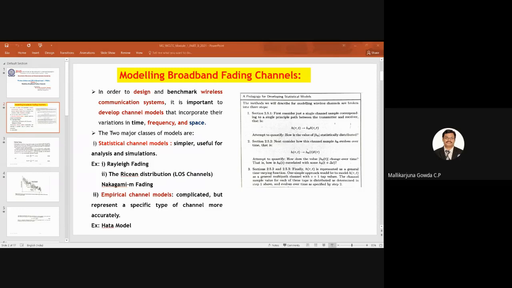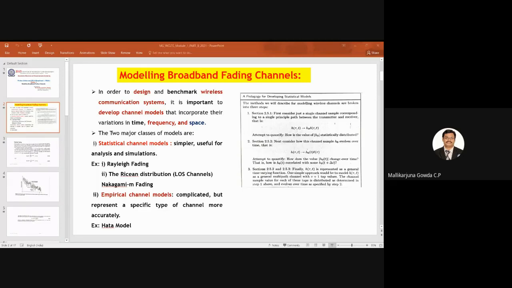When we want to discuss the line of sight path, we go for the Ricean distribution. The third one is Nakagami-m fading. These are the three statistical channel models we are going to discuss.